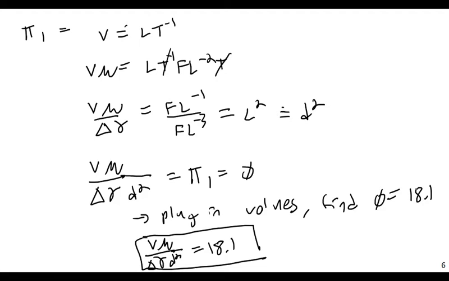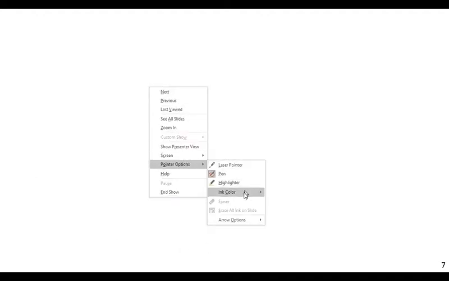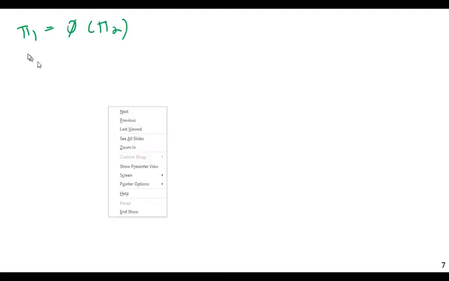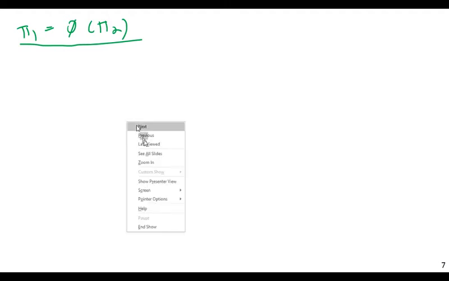All right, so here. Let us discuss perhaps 2 pi terms. So what if you have a system where there are 2 pi terms? Let's say you have one where pi 1 is equal to phi of pi 2. So say we have a system where we need 2 pi's, and this is going to get a little more complicated.